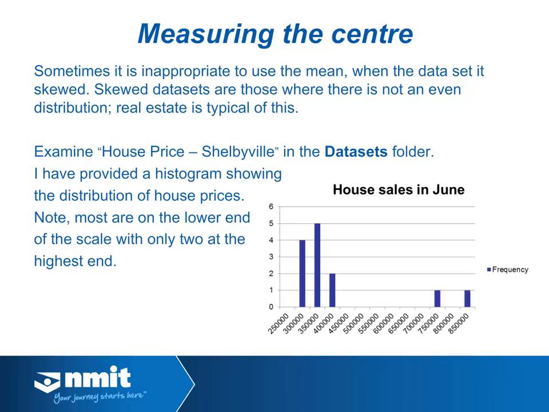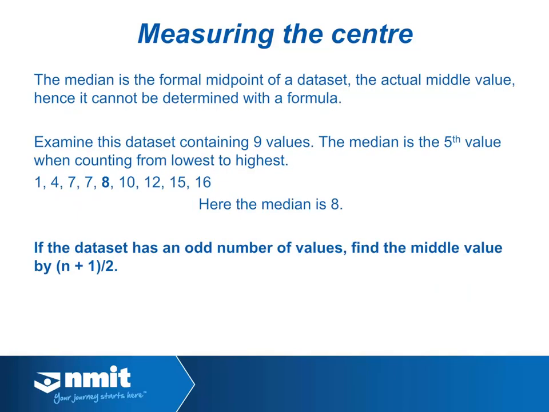So let's examine a way that we can come up with a measurement for the center of this that we can use to summarize the data set. The way we do this is not using the mean, but a value called the median, M-E-D-I-A-N. The median isn't found by adding up all the data points and dividing by the number of data points.